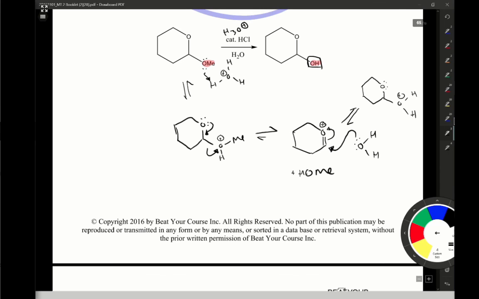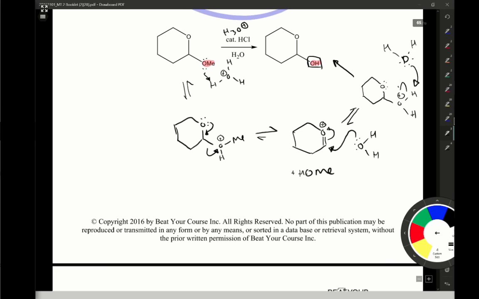Now this guy could fall off, right? It seems like a good leaving group, and you'd be like, oh, why doesn't this just kick it off again? Well, then we'd just be going back where we started from, and we wouldn't get any work done. And that does happen. It goes back and forth, and a lot of non-useful reactions happen. But we're asking the question of, well, what could happen? And we have maybe H2O, or maybe some residual chloride or any kind of base hanging around.